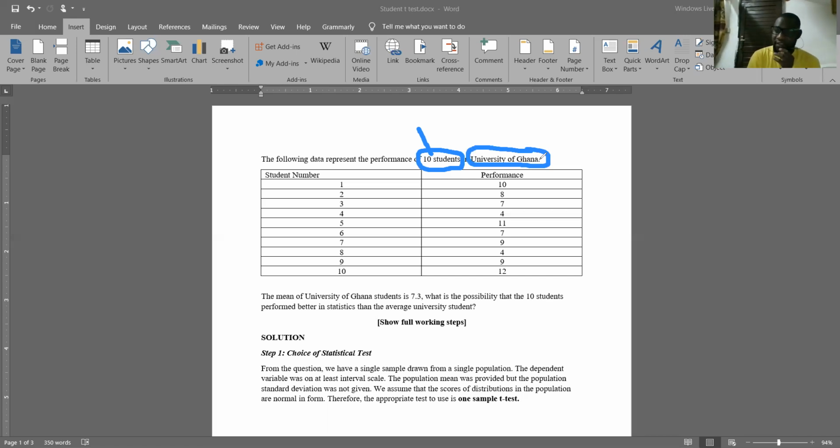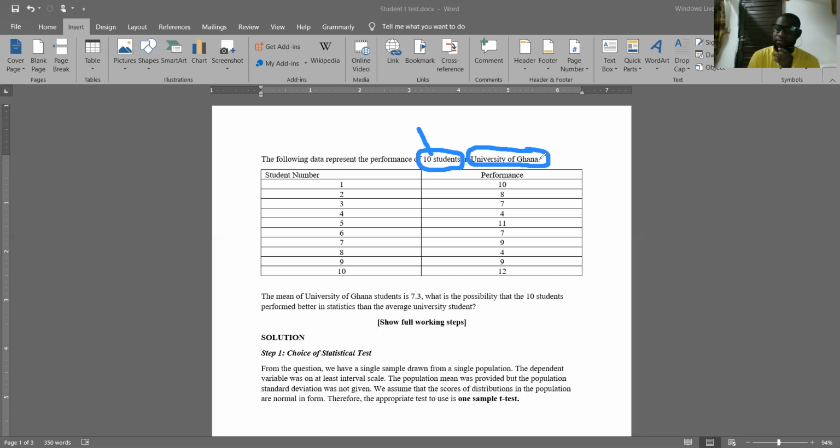Find out, have they provided the population mean and the population standard deviation? If it is provided, then you know that you're supposed to use z-test. But in situations whereby they have provided the population mean and the population standard deviation has not been provided, then you have no other option than to use one sample t-test.